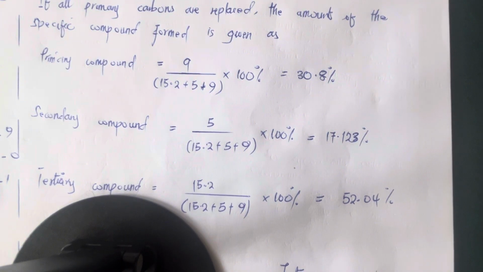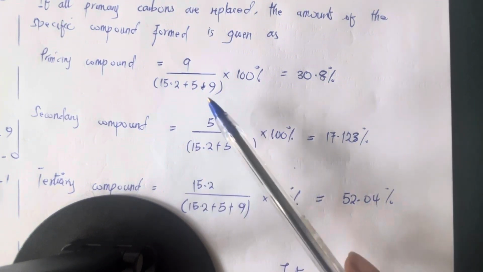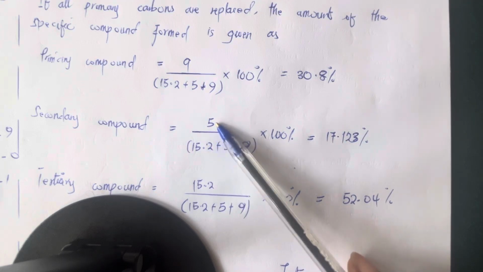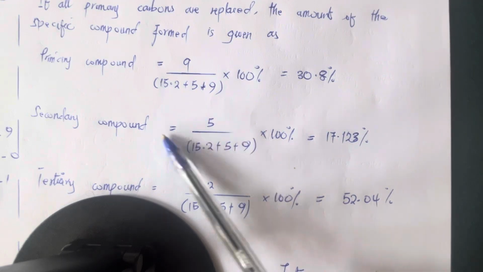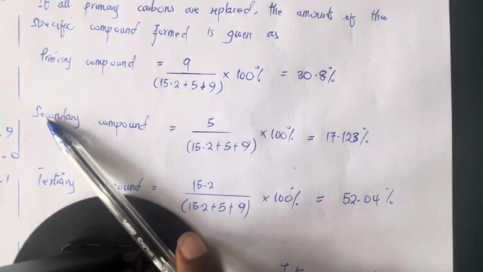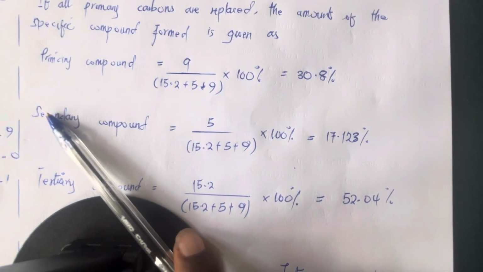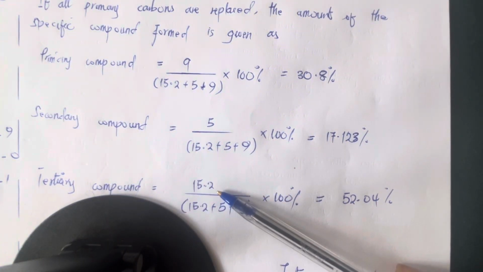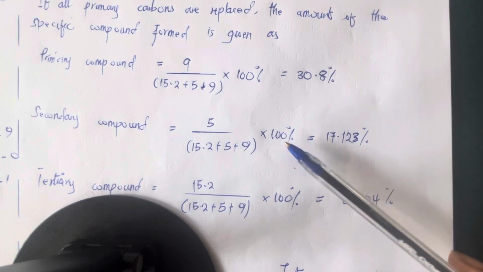So here, for the secondary hydrogen, we are having the rate to be 5. Okay, the secondary hydrogen, you are having the rate to be, no, this one is the tertiary hydrogen. So I think there's a mistake that you should also correct here. This one is rather supposed to be a tertiary, and this one is rather supposed to be a secondary. Okay, I was quite in a hurry, so forgive me about that.